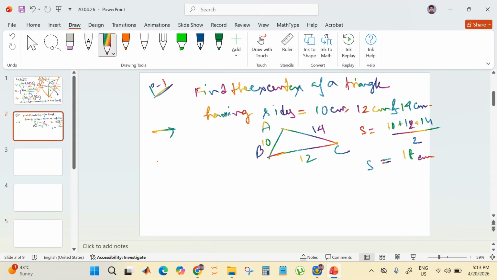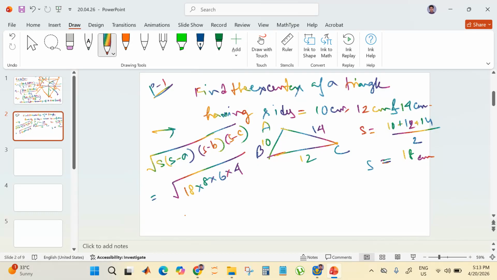Okay, so now you have to find area. How to find the area? We know the area can be obtained by using the formula root of S into S minus A into S minus B into S minus C, right? So from that equation you can find 18 into 8 into 6 into 4. 18 means 9 into 2.